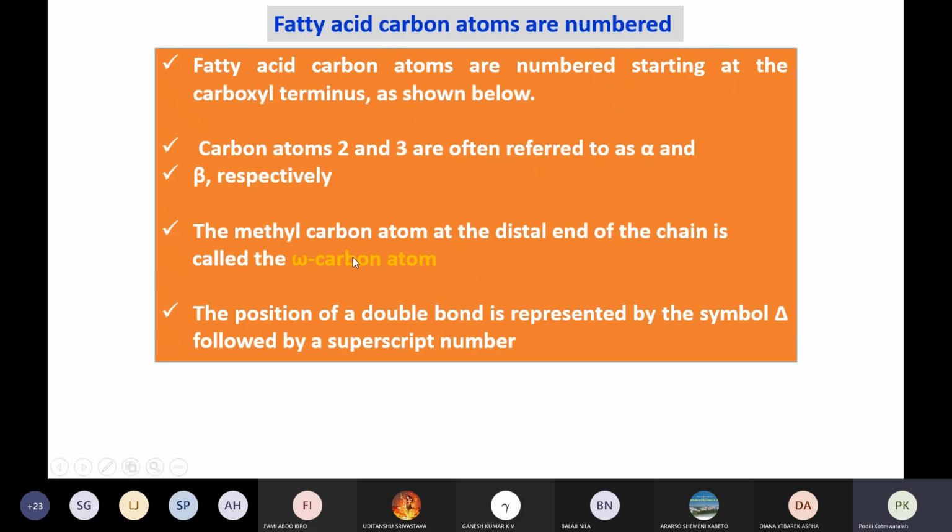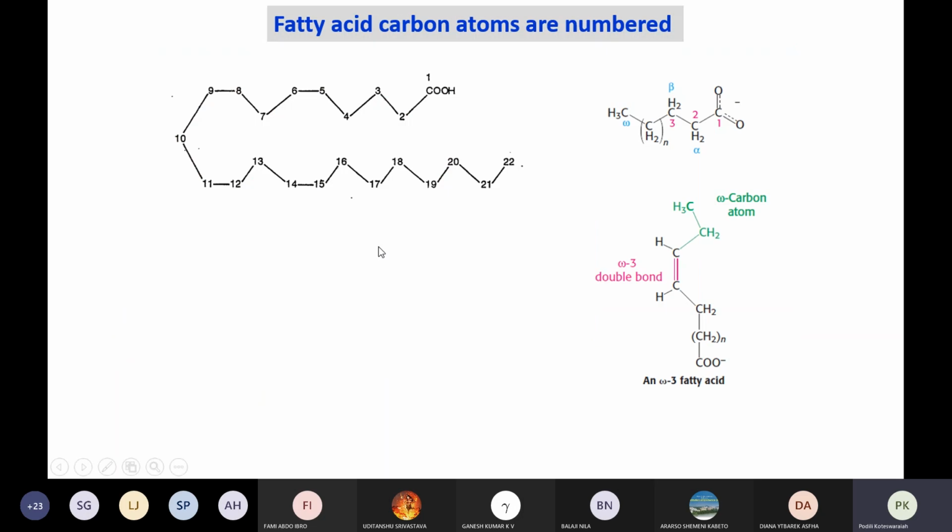And now coming to the fatty acids, how do we number them? Generally, the carboxyl group gets number 1, and we number the fatty acid from the carboxyl group until the last methyl group.